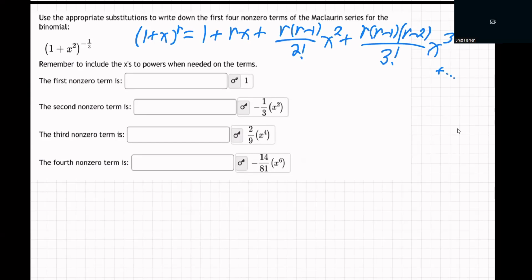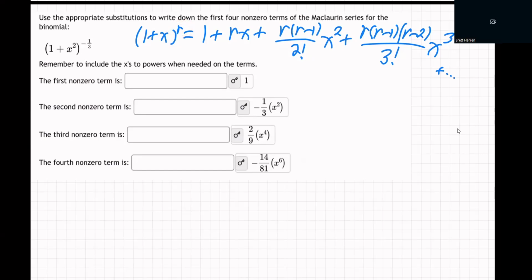And you can see the pattern, right? There's two terms over 2 factorial x squared, three terms over 3 factorial x cubed, etc. But that's specifically for 1 plus x to some r power.